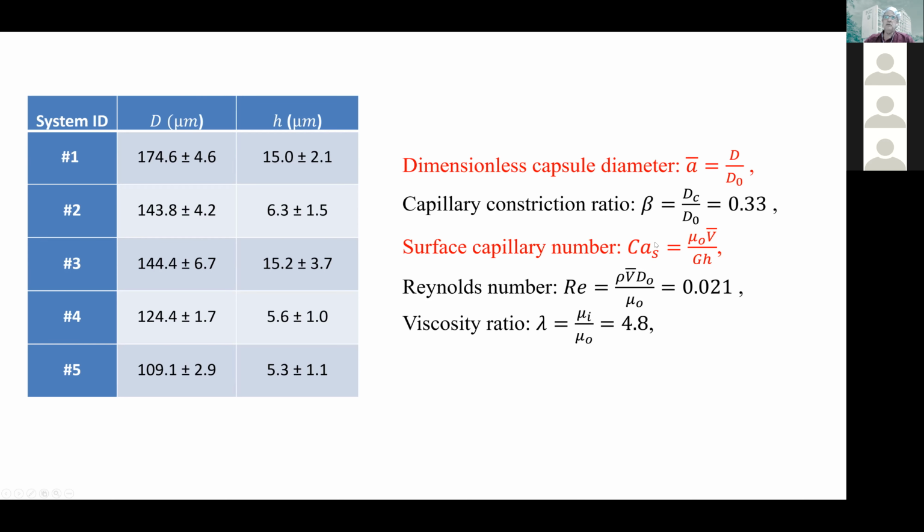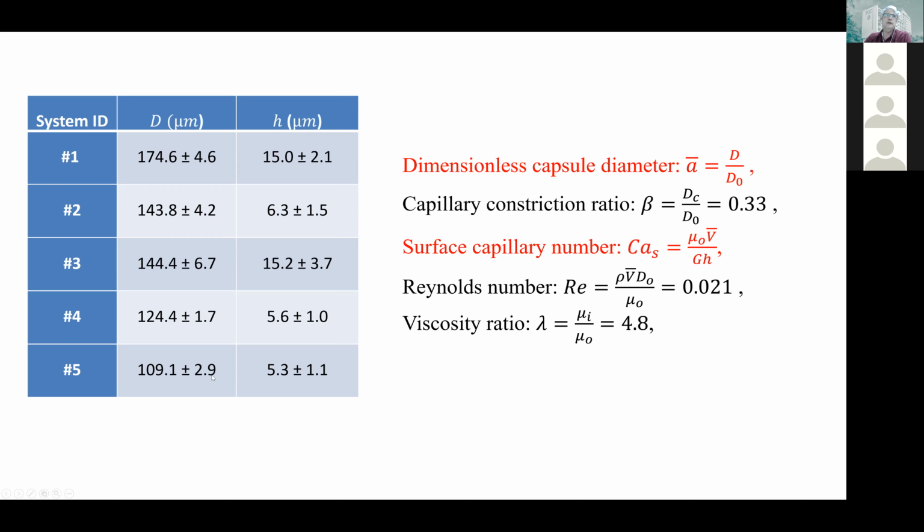The surface capillary number is kind of like a capillary number, but instead of having a surface tension in the denominator, you have the elastic modulus of your polymeric shell. So if I have a very rigid shell, it means that I will have a very low surface capillary number. So again, the interfacial forces are going to be more and more important.